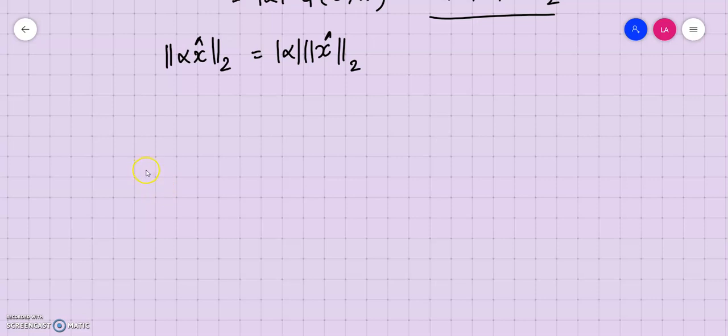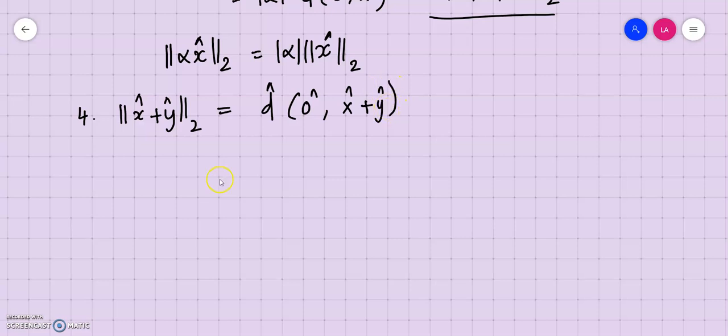That is the fourth property, norm of x cap plus y cap 2. We should be equal to, by the definition of norm, d cap of 0 cap, x cap plus y cap, which by definition is limit n tends to infinity d of 0, xn plus yn, where xn is the sequence corresponding to x cap and yn is the sequence corresponding to y cap.